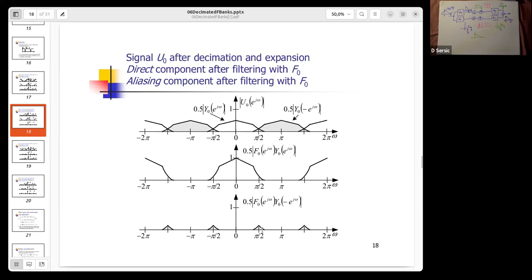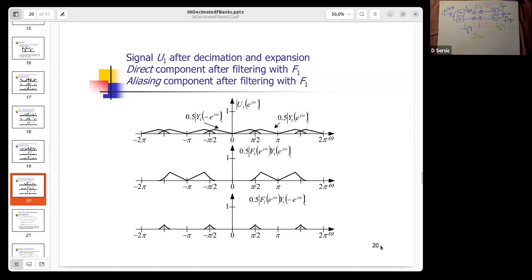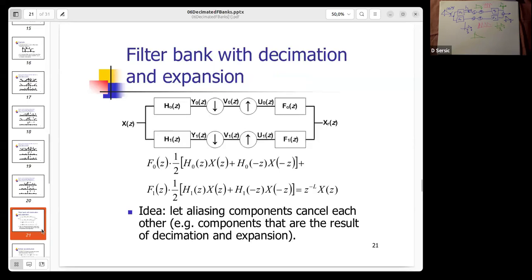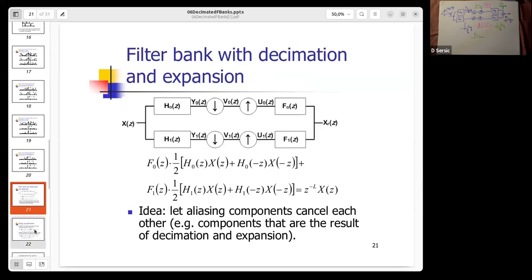Actually, they are in the same place. Page 18 shows the aliasing parts, the bad parts in the upper branch, Page 20 shows the bad terms, the aliasing parts of the lower branch. If they cancel each other, they can even be big, and they will disappear from the final result. So that is our idea.